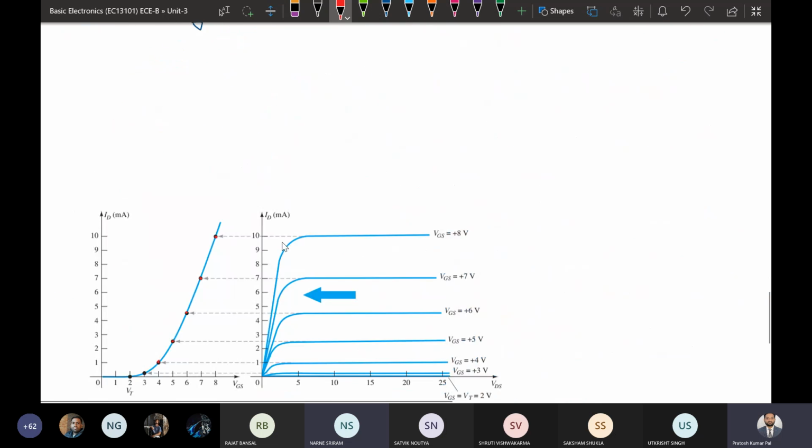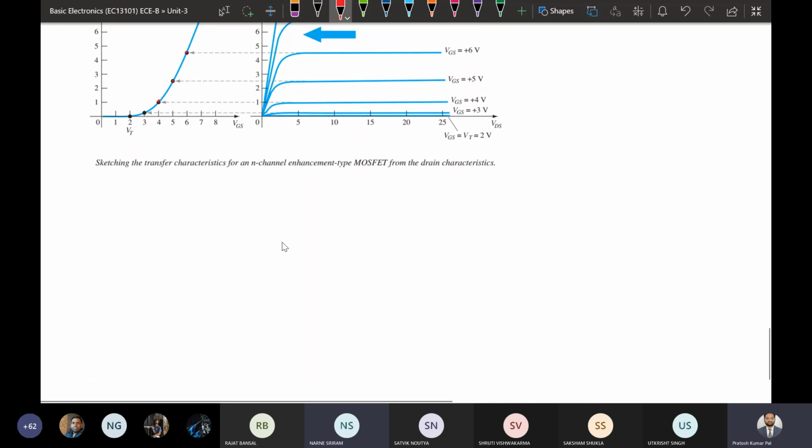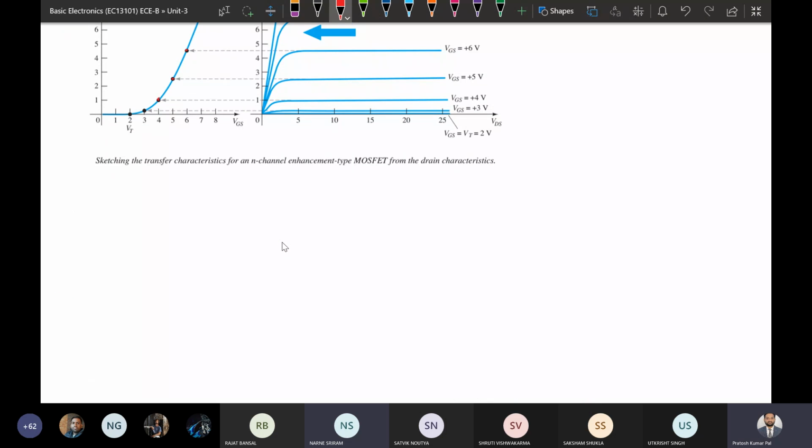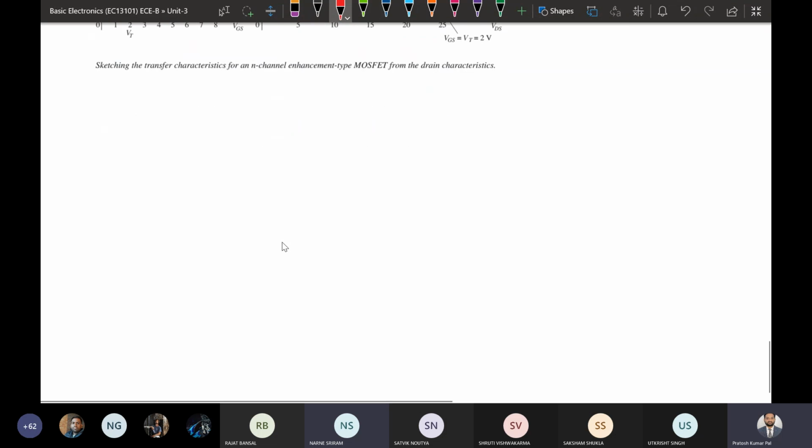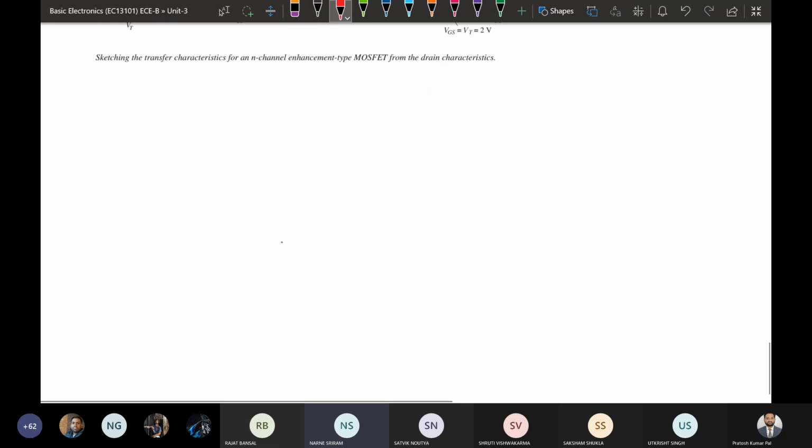So this is the basic operation of the MOSFET. Now we will go with the current equation. Different current equations are given, and we will be proceeding.